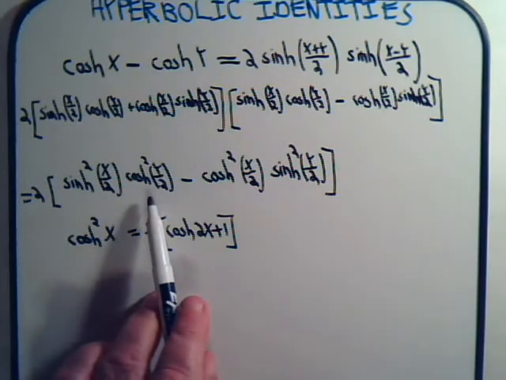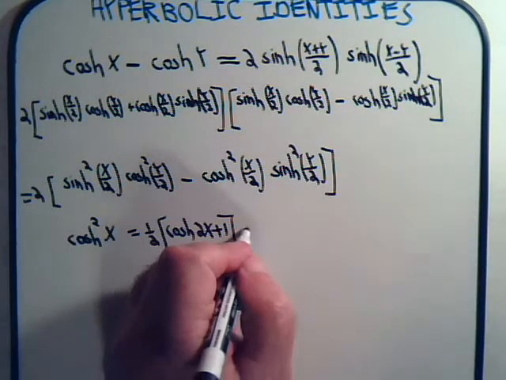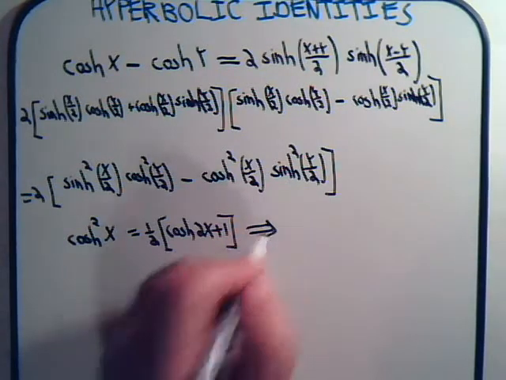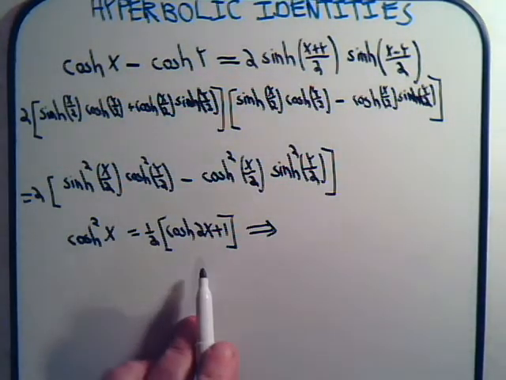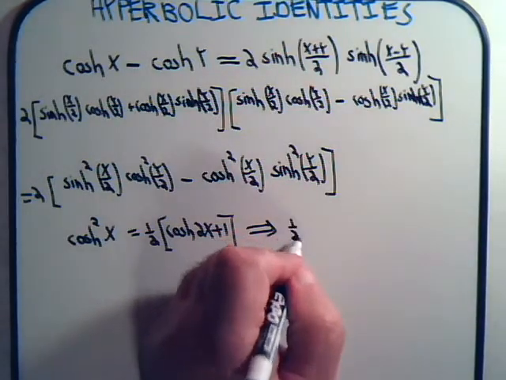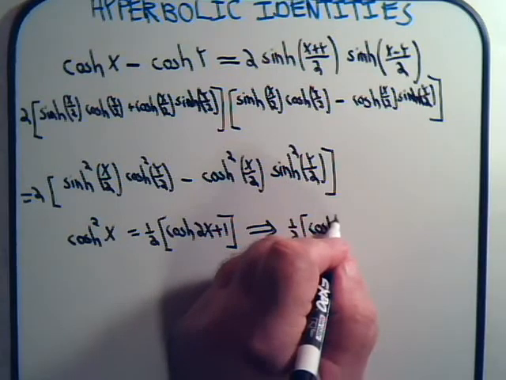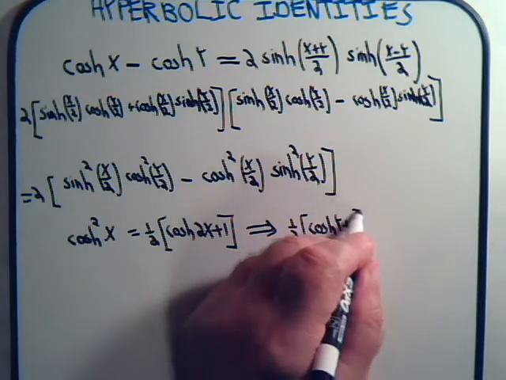And here we have the hyperbolic cosine squared of y over 2. So if we go analogous to this, that would be equal to 1/2 of the hyperbolic cosine of y plus 1.